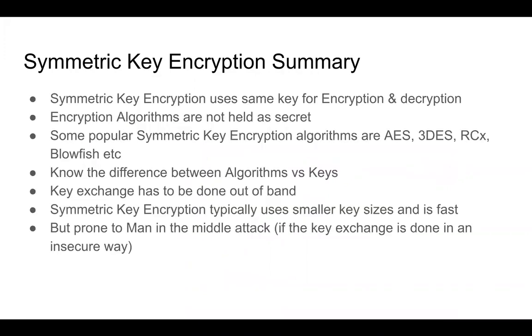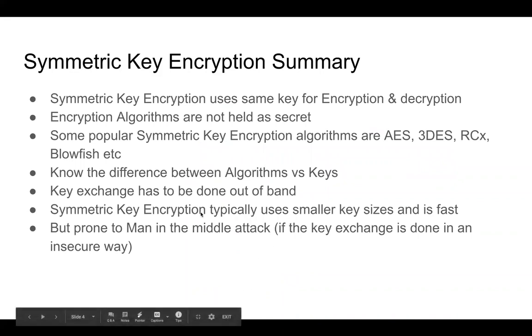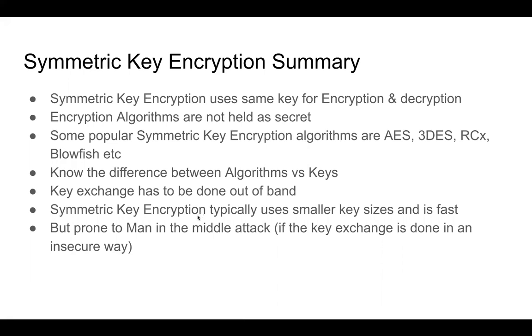I have a slide that summarizes some of the points we discussed. One important thing is that symmetric key size is pretty small, and it's faster compared to asymmetric encryption because of that. You have to have a good understanding of the difference between keys and algorithms.